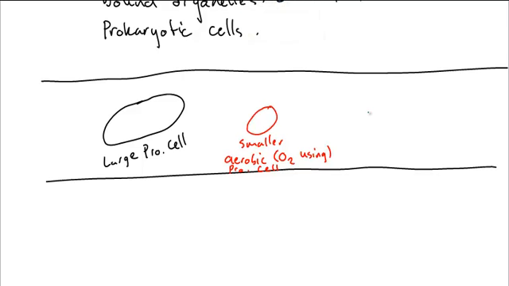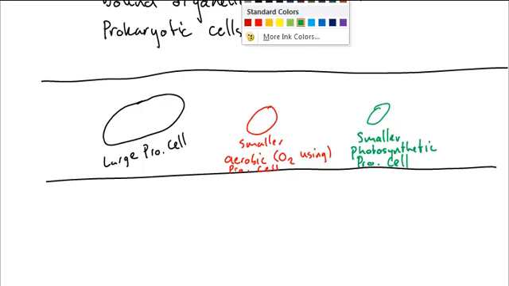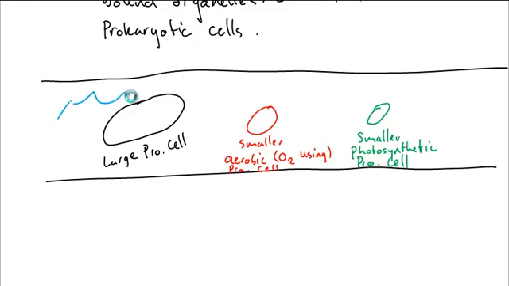And then we might also have a smaller photosynthetic prokaryotic cell. And in theory, all of these existed in early Earth in the same environment, presumably in the water.